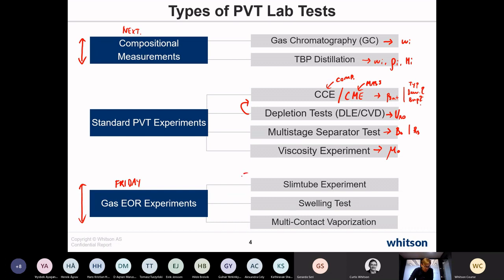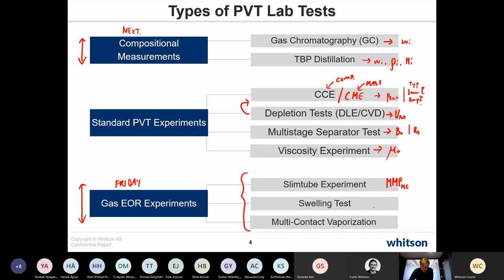This we'll save for Friday in detail, but for those of you who have talked or know about gas EOR, MMP, so minimum miscibility pressure, is something that's mentioned there a lot. I can just mention real quick here that the slim tube experiment gives us the true multi-contact MMP.